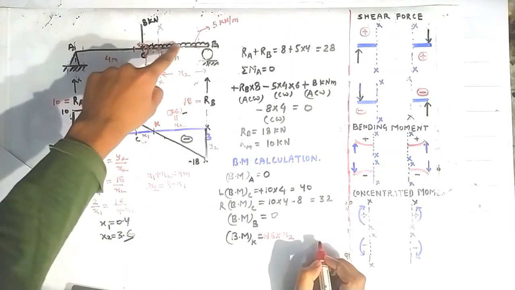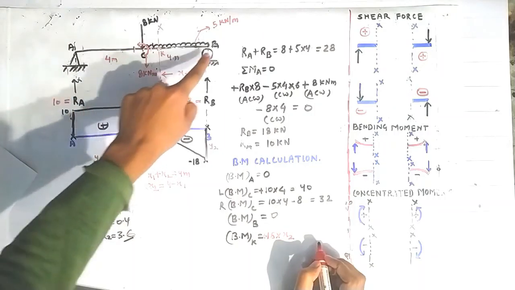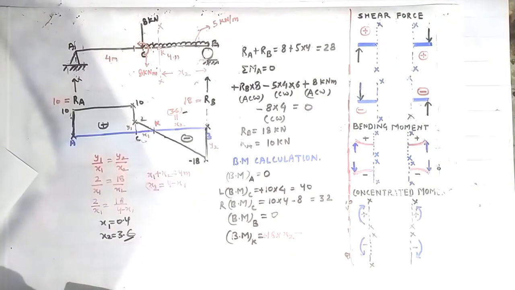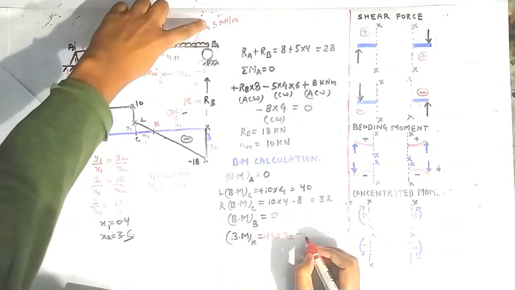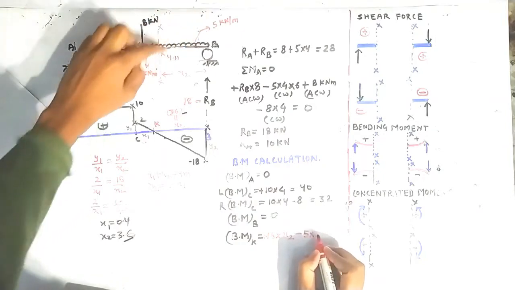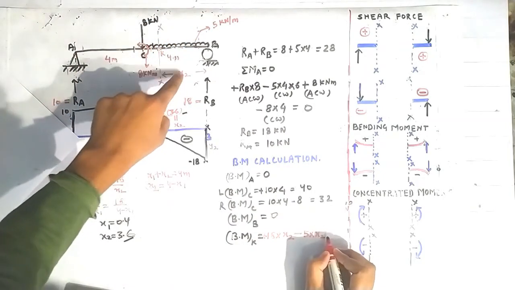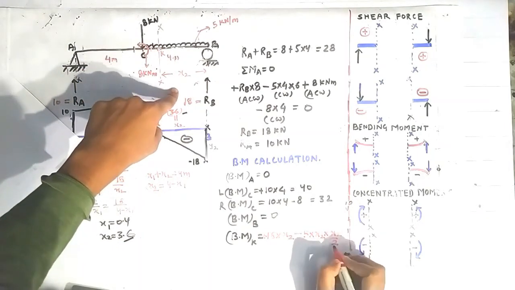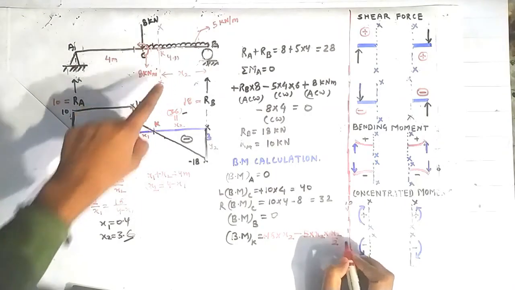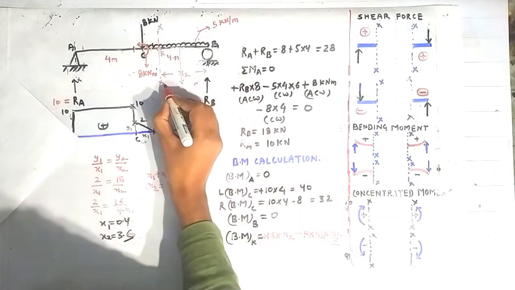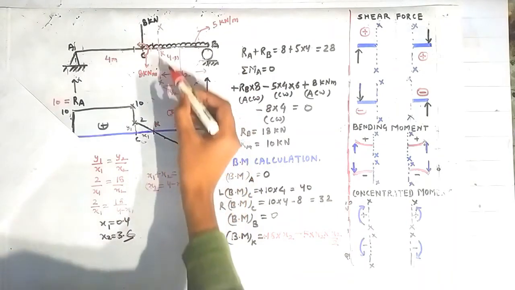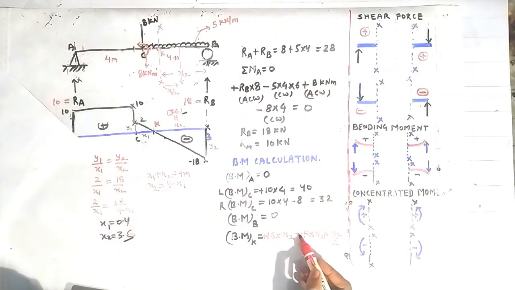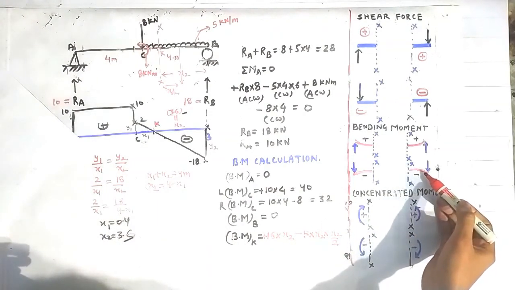And the bending moment because of this UDL, which is spread between the section XX and this point B, can be found out by subtracting the intensity of this UDL, 5, into this distance x2 over which it is spread between the point B and K, into x2 by 2, that is the distance at which it is acting from this section XX. Okay, and here the sign is taken as negative using this sign convention, that is hogging in nature.